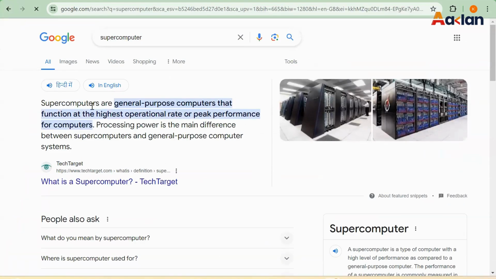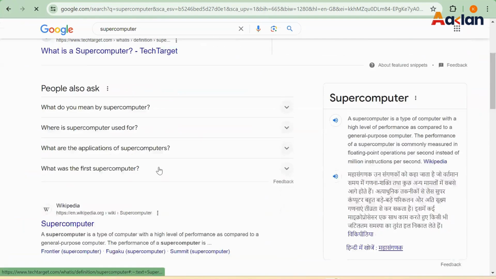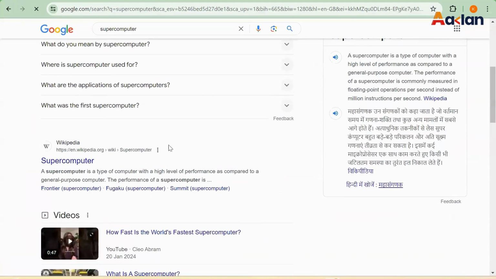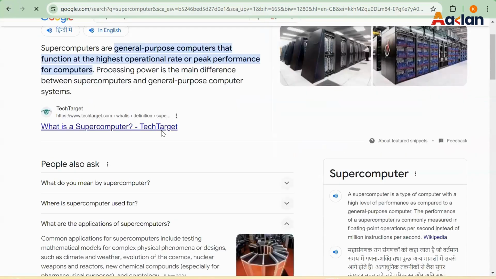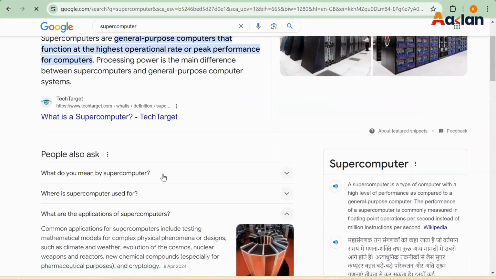It is a general purpose computer that functions at the highest operational rate or peak performance for computers, right? Applications of supercomputer include testing mathematical models for complex physical phenomena or designs such as climate and weather. These are the simple applications of supercomputer, right?